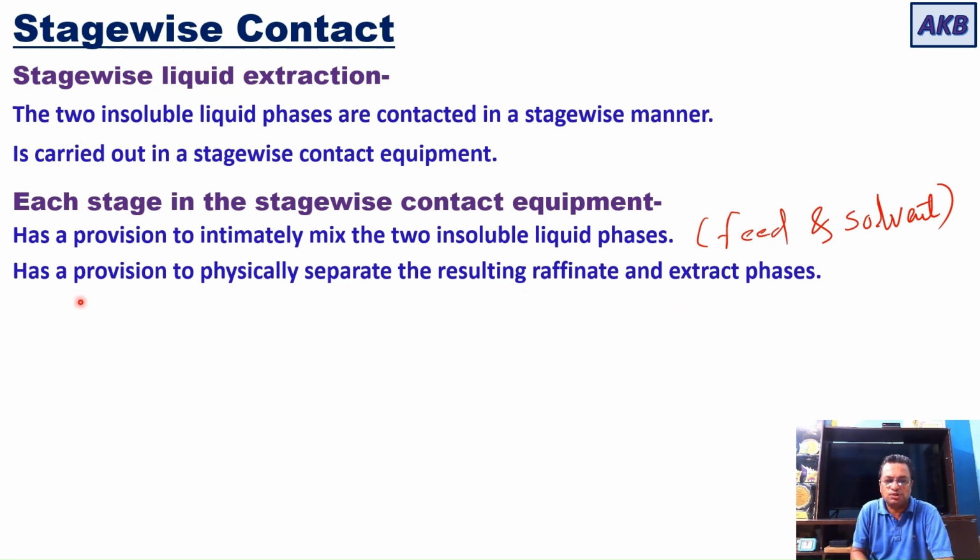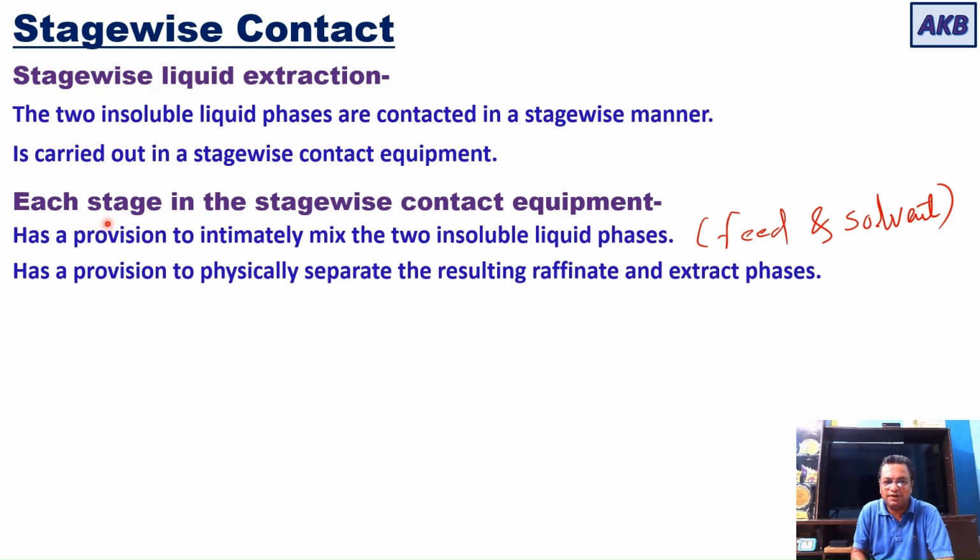So the stage should also have a provision to allow the resulting mixture to separate into two layers, and then those separated layers, that is raffinate and extract phases, are physically separated from each other. So there is also provision for their physical separation.